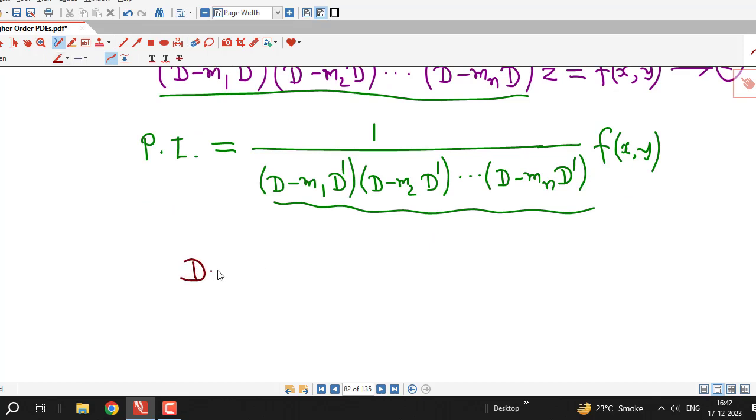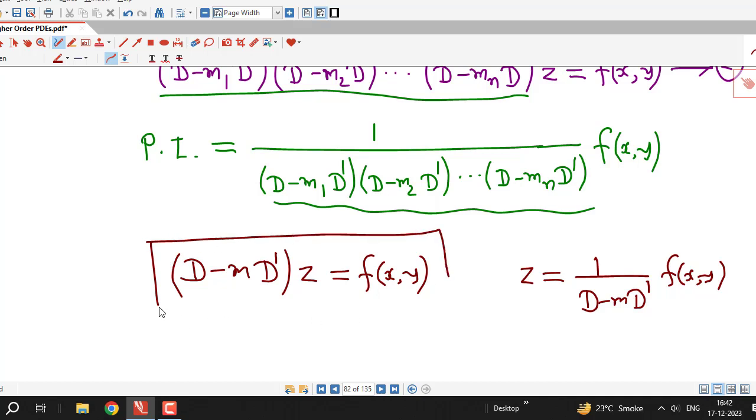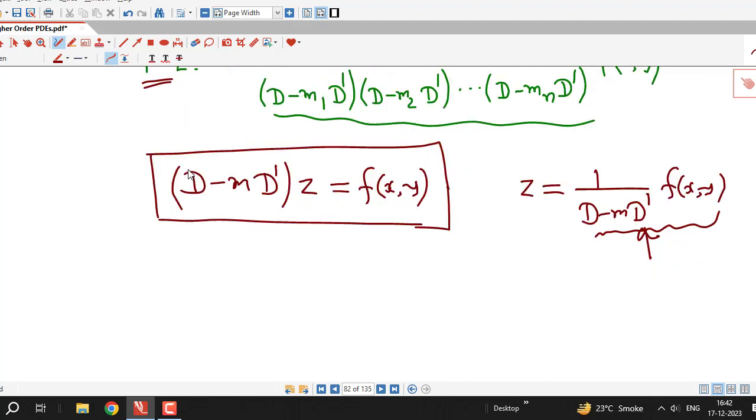Suppose we consider one linear factor, say (D - mD') z = f(x,y). From this we obtain z = 1 over (D - mD') f(x,y). So we first try to find the solution of this equation for one linear factor, and then we will have a formula for the right hand side, and then we will see how to write down this particular integral.